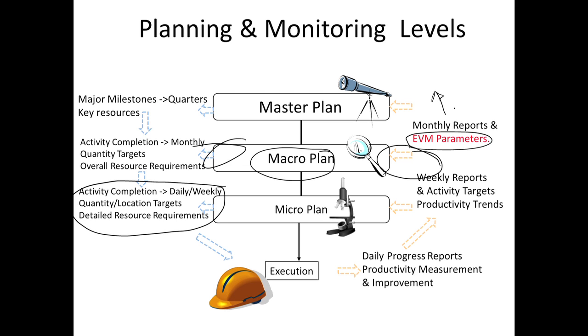So the level at which we are working is very important. Please recall that the network analysis we do is at the macro planning level. When you go to a micro plan, it might be a spreadsheet, because all you are doing is daily, weekly, very detailed planning, and the master plan can be a broad-level milestone plan.